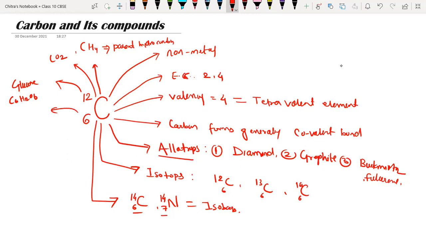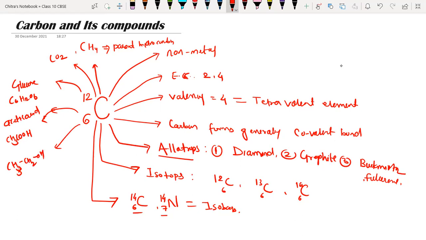Then we have acetic acid, also called ethanoic acid, and its molecular formula is CH3COOH. We have ethanol, CH3CH2OH, which is used all over the world as a sanitizer.